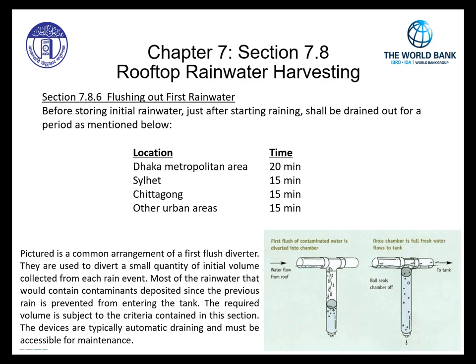As can be seen in the graphic, water flow from the roof is directed into the pipe and dropped down. Thus, the first flush is going down the pipe and being trapped and discharged in the bottom of the automatic drain.